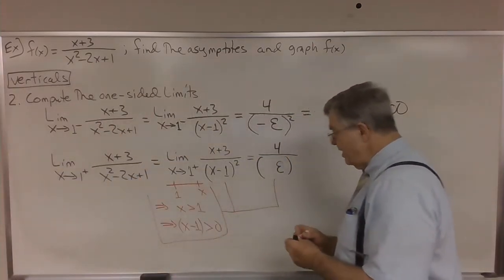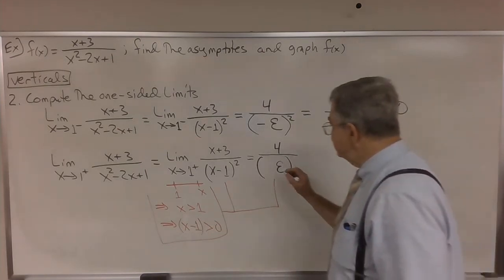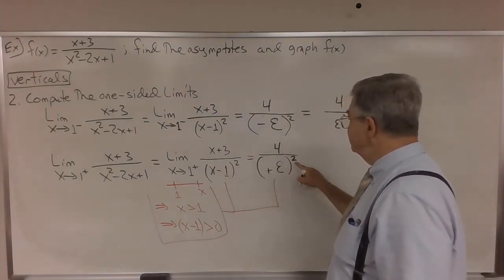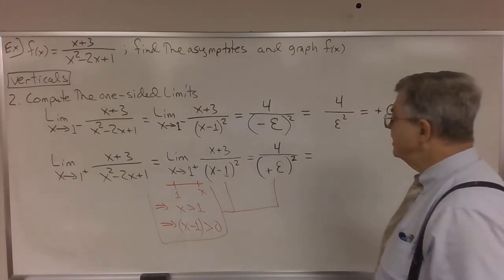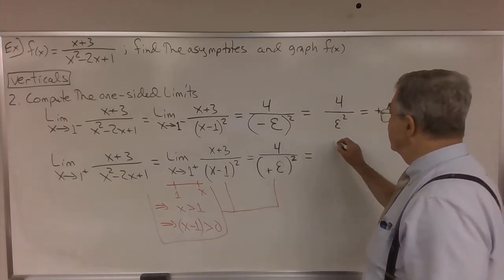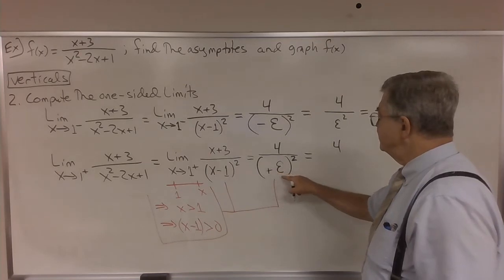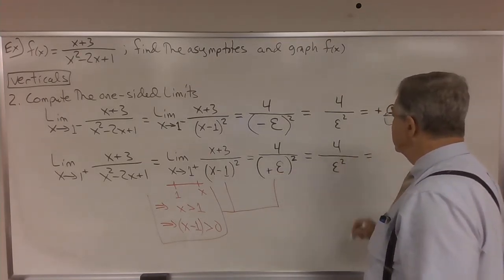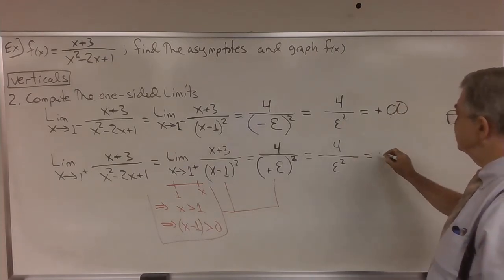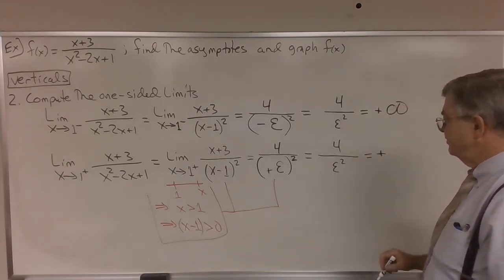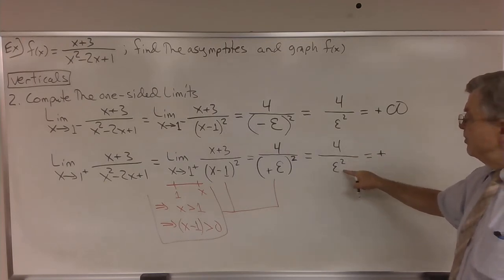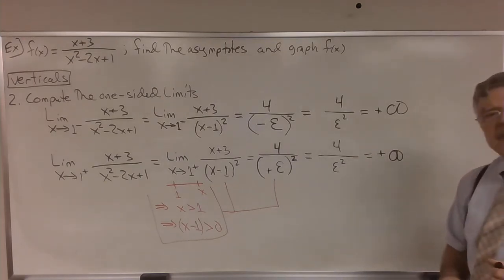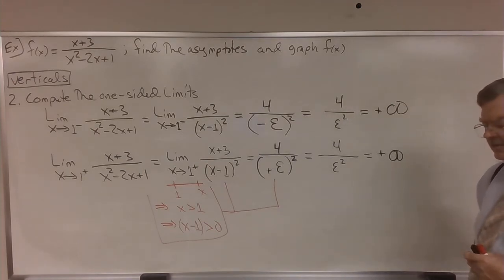So I will put a positive epsilon here, and this should be squared. So I have 4 over positive epsilon squared, which is just epsilon squared. Positive over positive is positive. Big number over little number goes to infinity. So those are my one-sided limits.